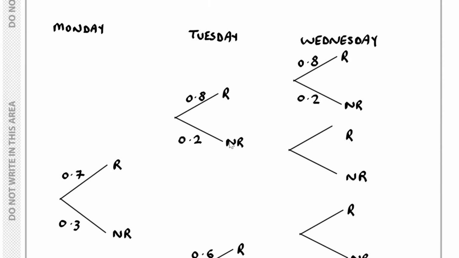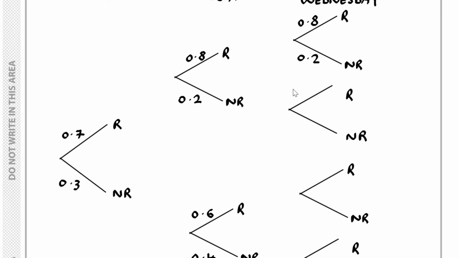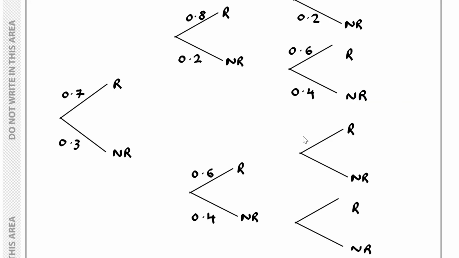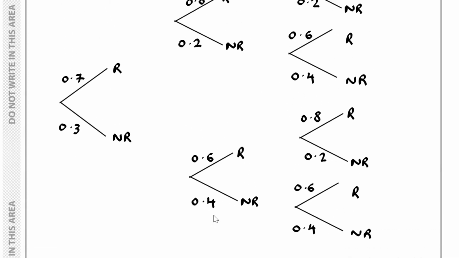And then if it does not rain and then does not rain again, that's 0.4. So if it rains and then it rains again, that's 0.8. And then does not rain is 0.2. And if it does not rain, the probability that it rains is 0.6. And does not rain is 0.4.